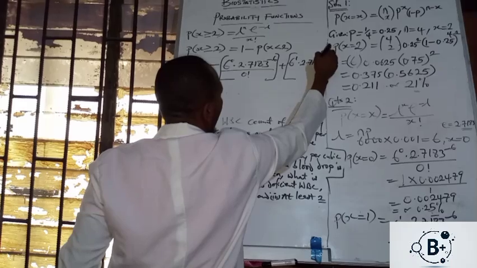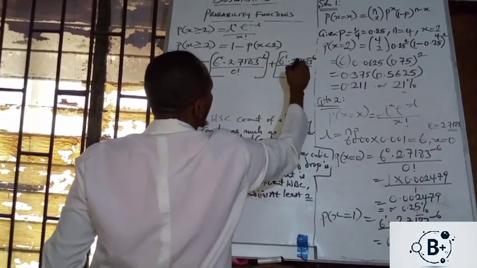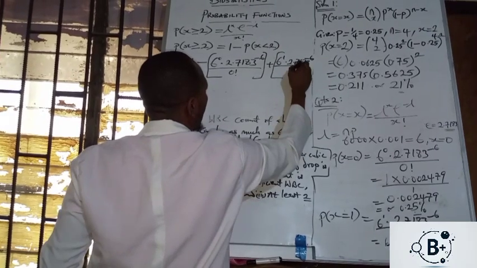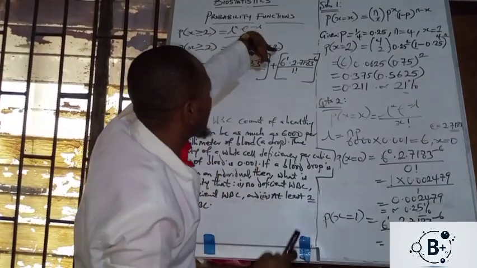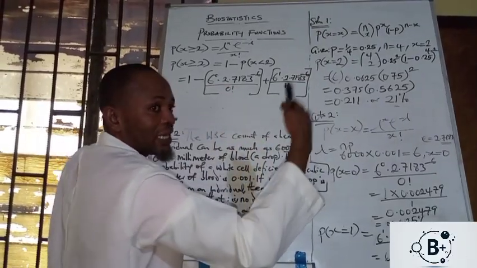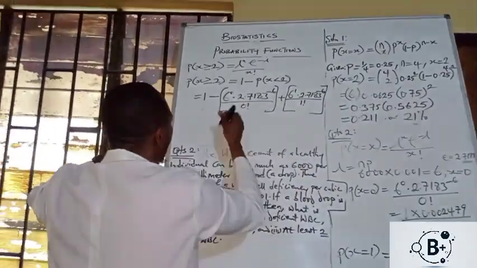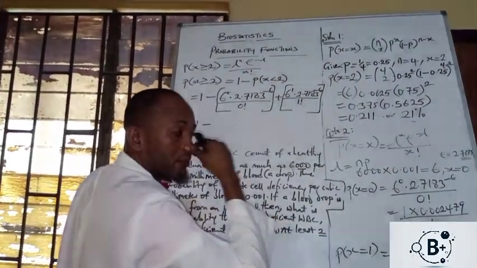2.7183 to the minus 6 over 1 factorial. Remember something less than 2 is not up to 2 this time. So 0 and 1 are the only numbers that are less than 2, so we stop at this value. But remember that we've already solved for it from the previous solution.